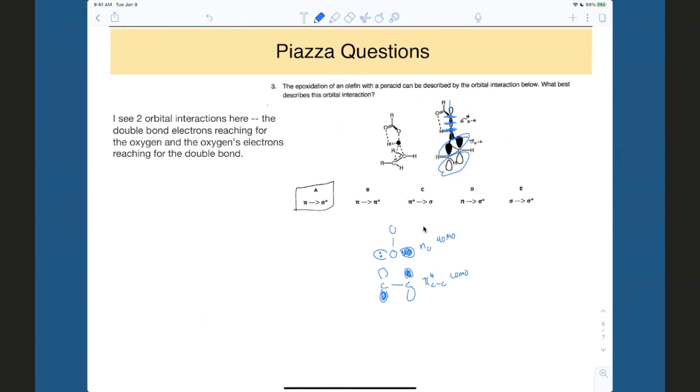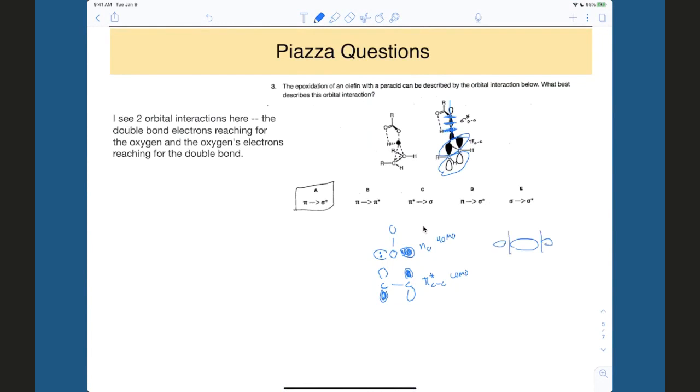And also since you have a node in the middle, you'd need to have slightly different symmetry for it to be a filled sigma orbital or a sigma star orbital. So a filled sigma orbital would always have two nodes.